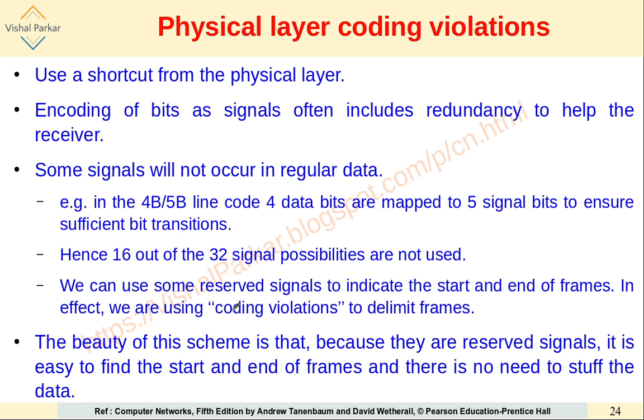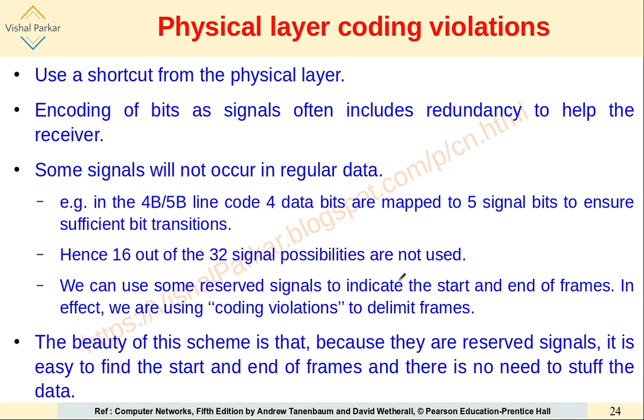This is what is called coding violations, because we are using reserved signals to indicate the start and end of frames. We are using reserved signals for indicating something else in the frame itself, which is not to be used otherwise.